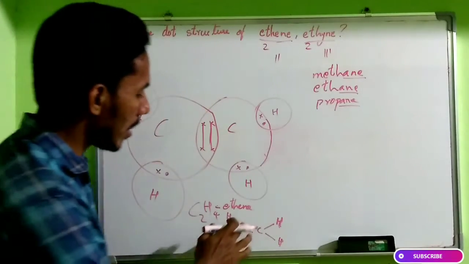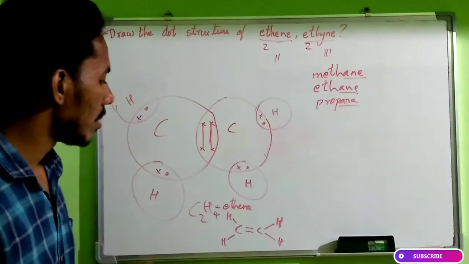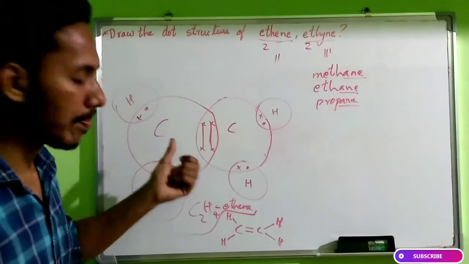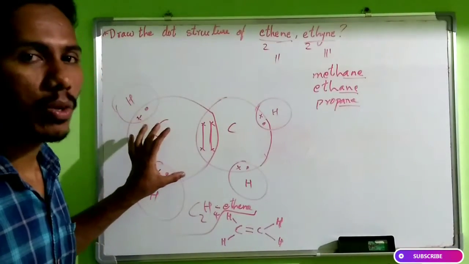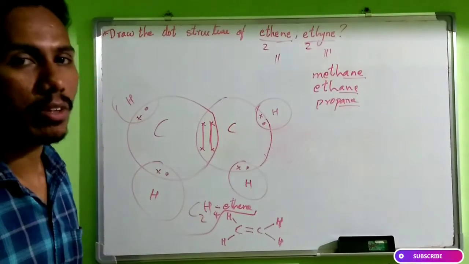This is the same as that one. It is the dot structure, and this is the symbol representation. It is the dot structure of ethene and the symbol representation of the structure.